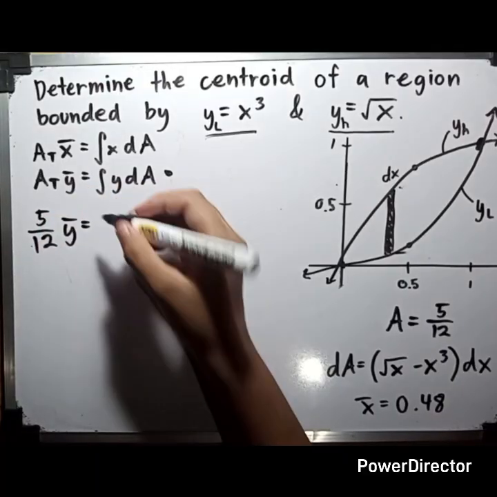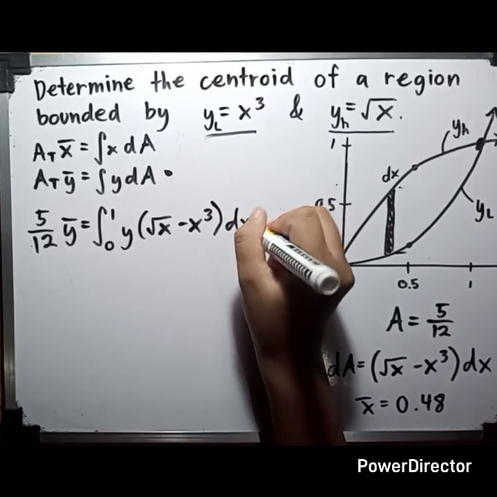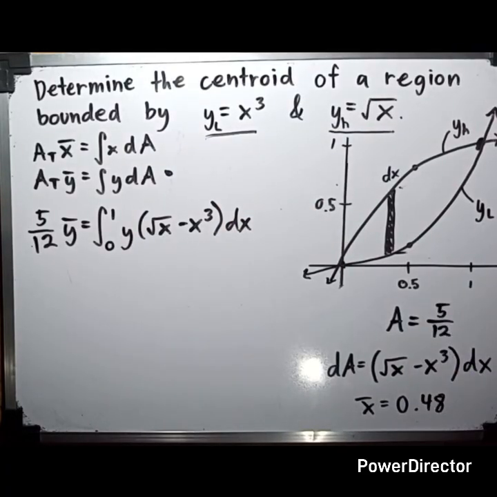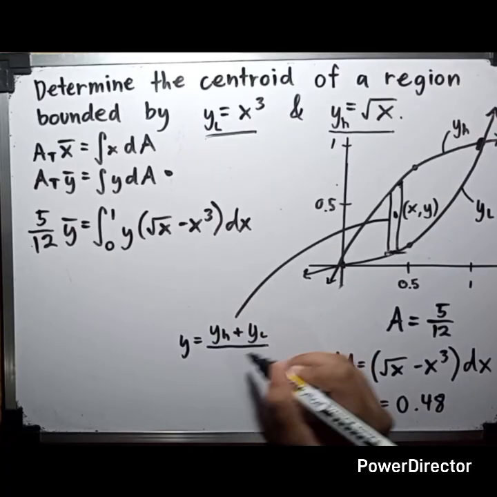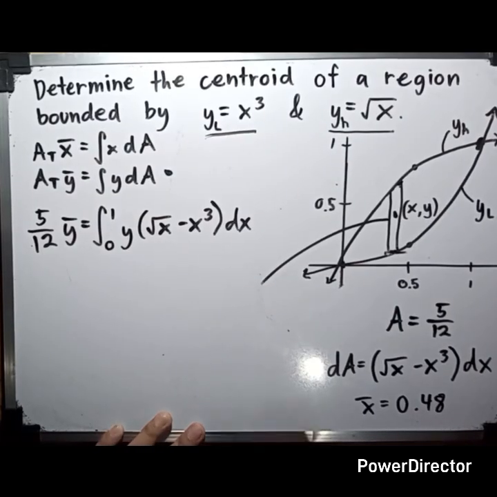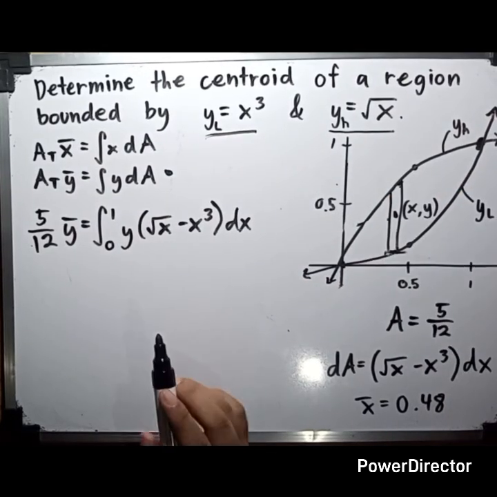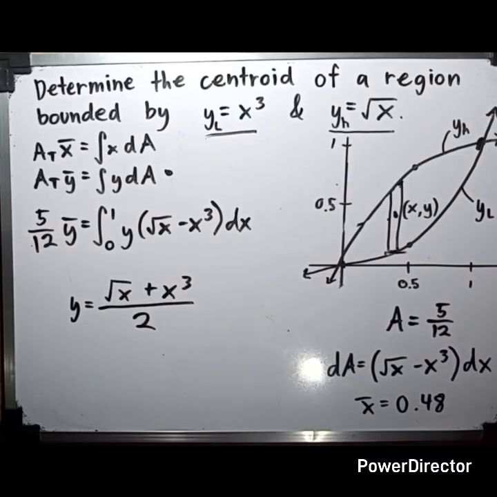Again, to solve for y bar. Notice we cannot integrate with y, so we have to find the value of y. We have a point (x, y) on the centroid of the strip. From the strip, the y centroid is located at a half of y high plus y low. It means that our y must be half the quantity square root of x minus x cubed.